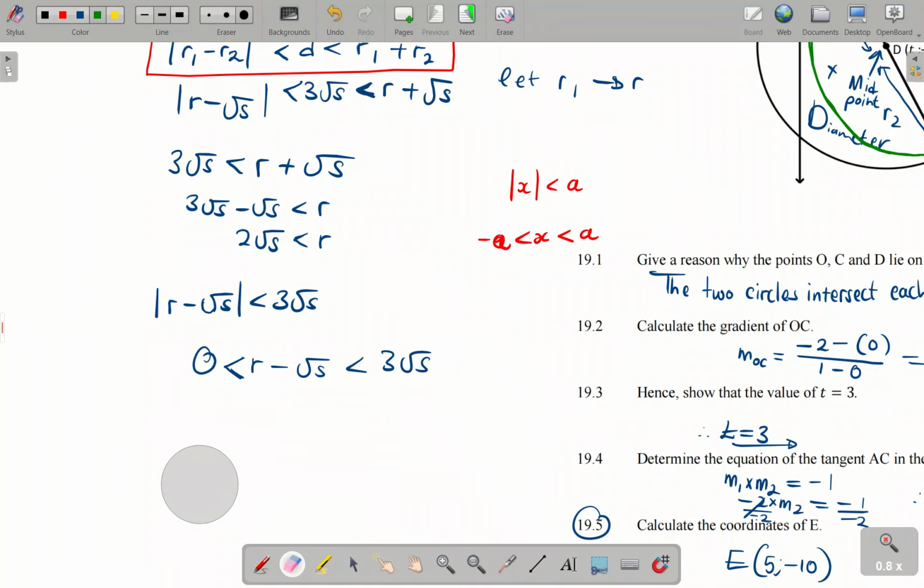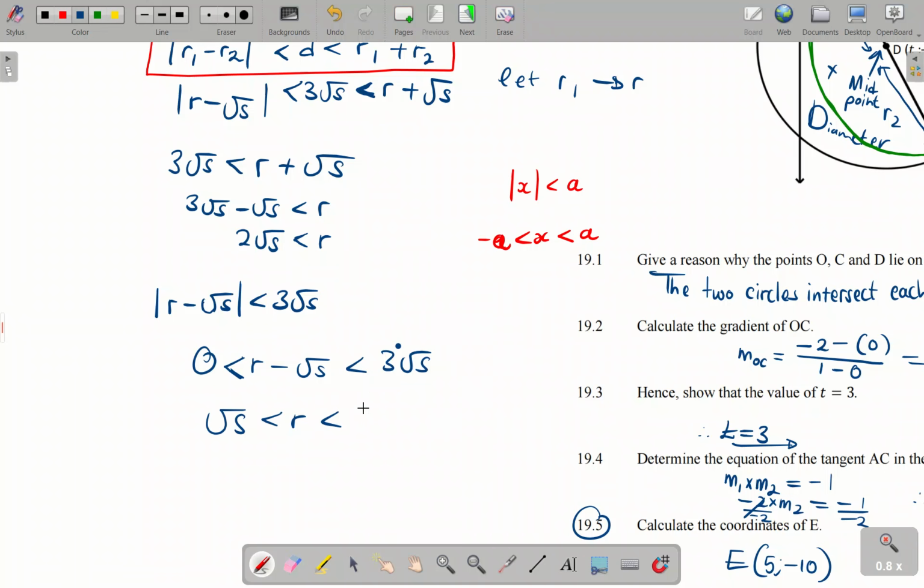So here is the same story. I'm just going to take this to that, and you'll have the square root of 5 less than r, and then take this to the left, plus the square root of 5.